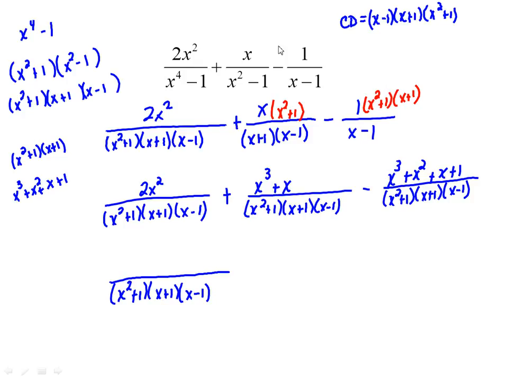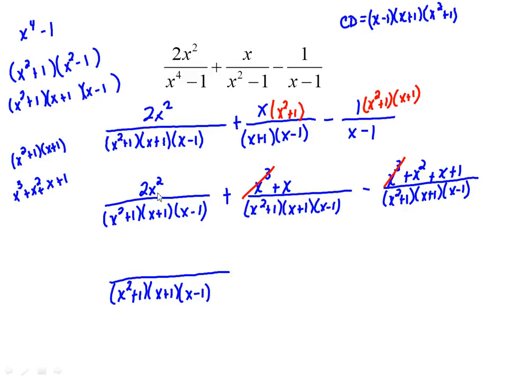And combine those numerators. Let's go with descending order. So let's look at x to the third. Do you see another x to the third? Right here. So x to the third minus x to the third. What happens? They go away. Now let's go with x squared. We have 2x squared. We don't have any here, but we have 1 here.